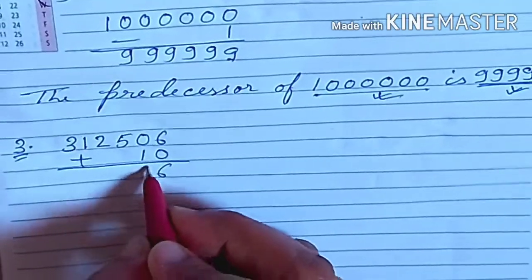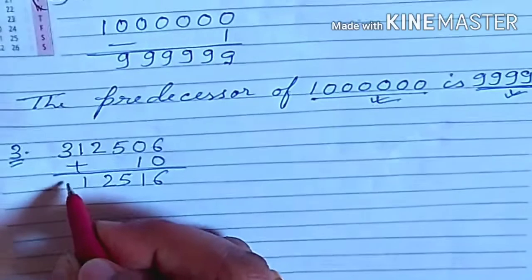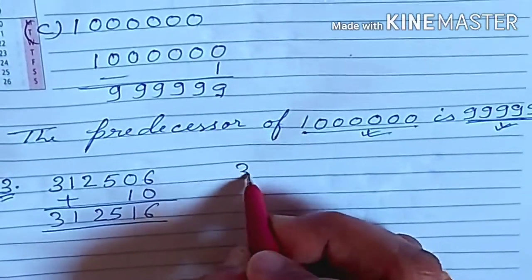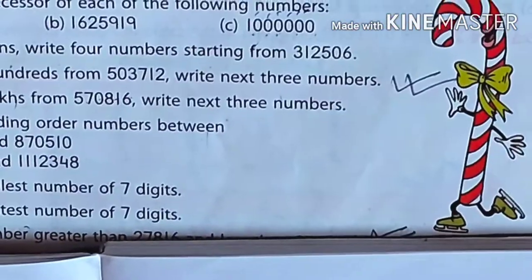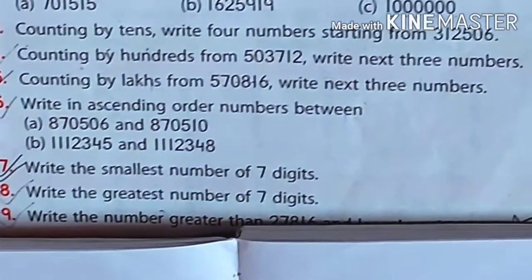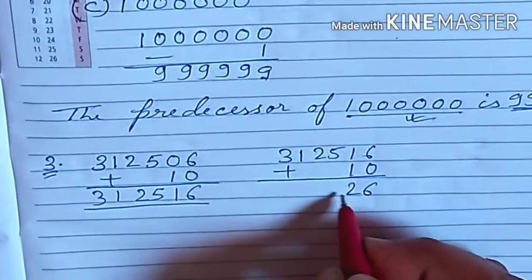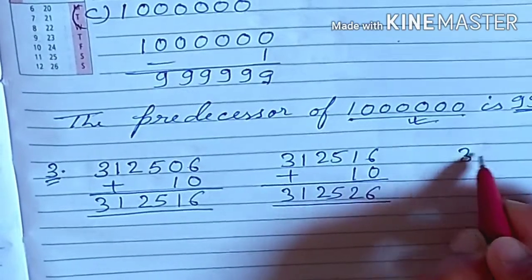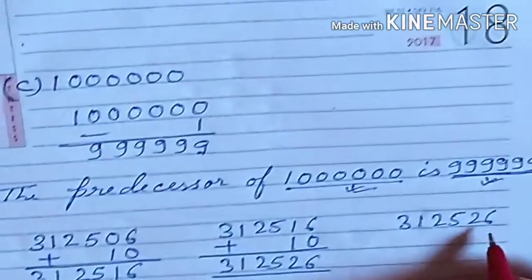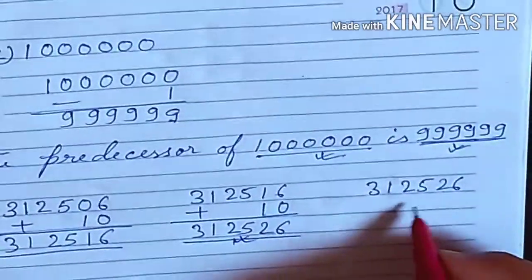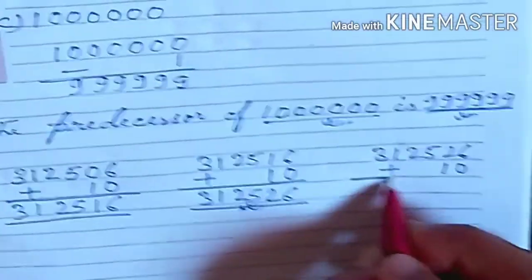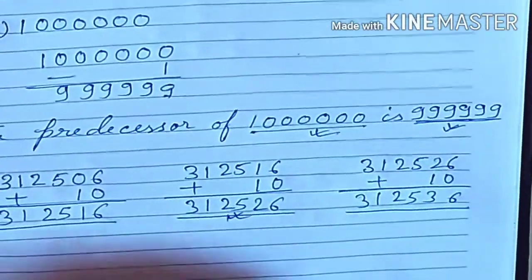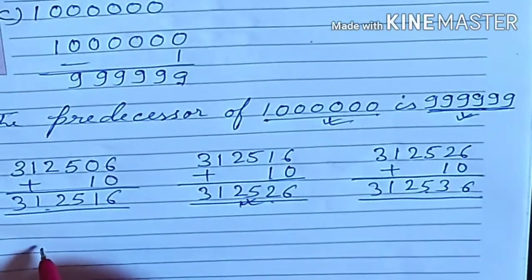We get here, and like this we have to find 4 numbers. So the next number is, we have to add 10 in this. Similarly, we have to add 10 in this number. One, two, 3 numbers. One more number we have to find.